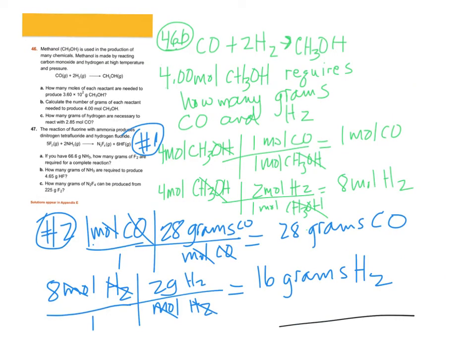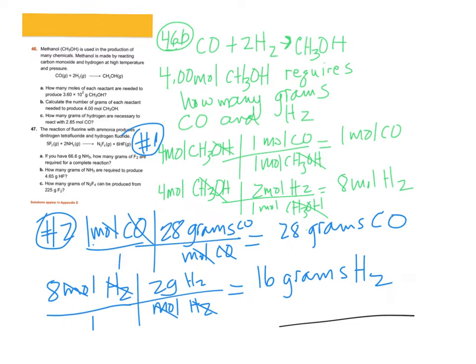In 46B, we are asked to find out how many grams of CO and H2 are required if we want to produce 4 moles of CH3OH.